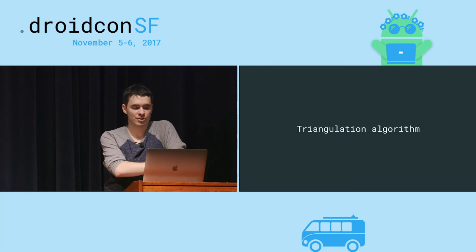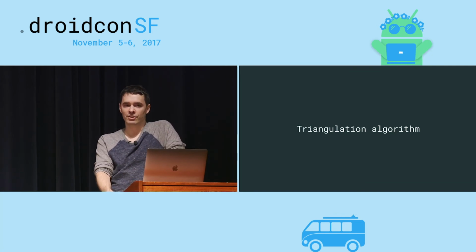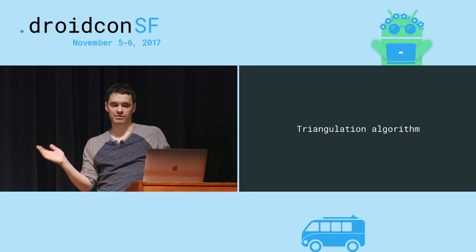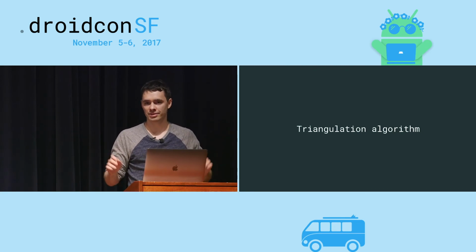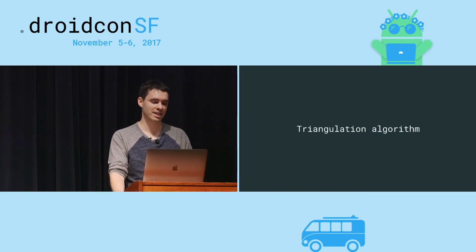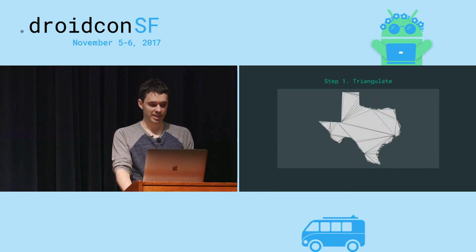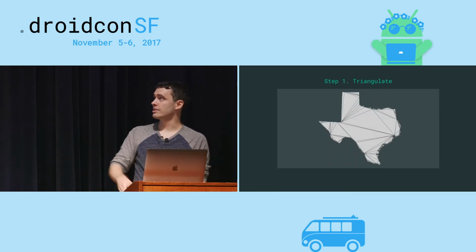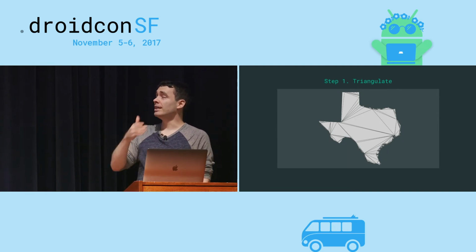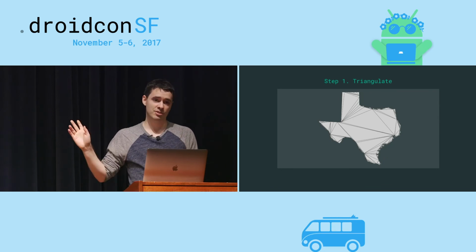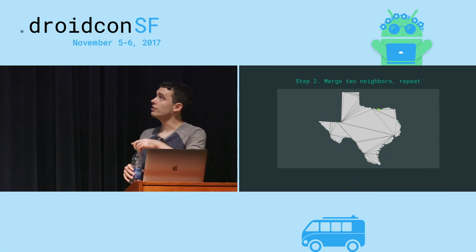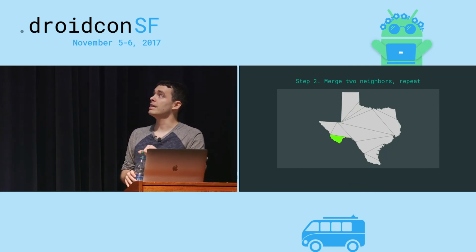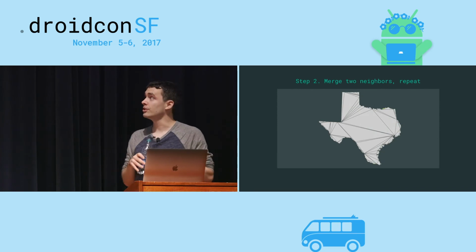GPUs tend to only like to draw triangles, so there are algorithms out there that split up shapes into a ton of triangles, so you can send them to the GPU, and then the GPU will draw cool 3D meshes and stuff like that. So there's a 3-step process. First is to triangulate the entire shape, and you're left with way too many triangles, but that's okay, because the next step is to pick a triangle and merge it with a neighbor, and repeat until you have the number of shapes you want.